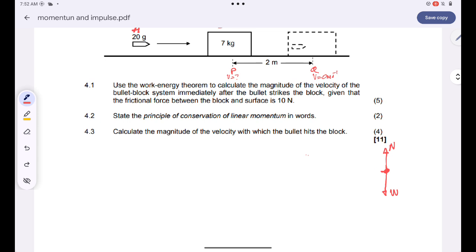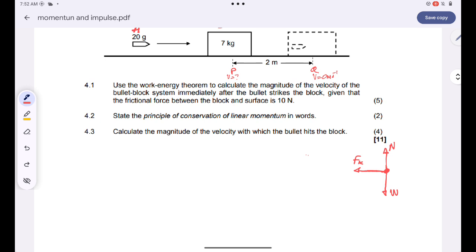However, there's a frictional force which opposes the motion. There's no other force that pushes the bullet block system towards the right. So we have only one horizontal force here, and that horizontal force opposes the motion.